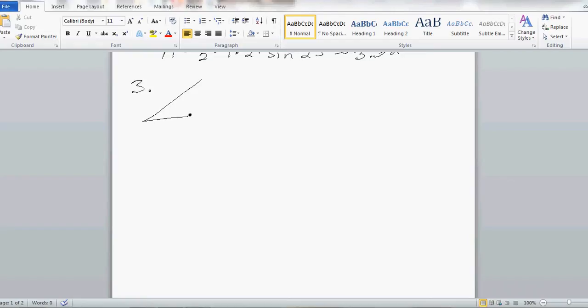Number 3 is given to us in a triangle, and we have a 5, an 8, and a 6. And truly, the triangle is not really all that important whenever we know all 3 sides. First thing we have to do is find S. Now S here is a little bit different.